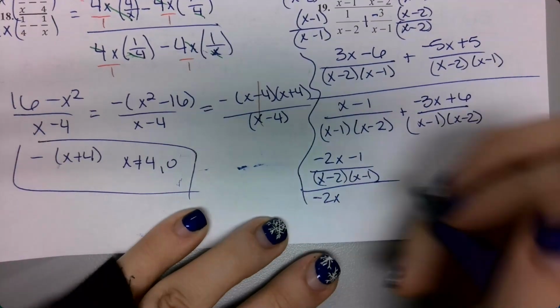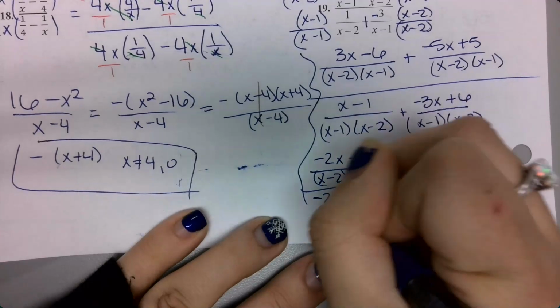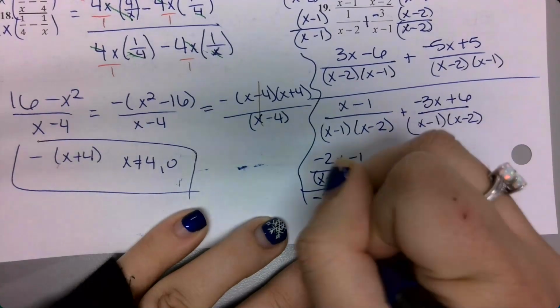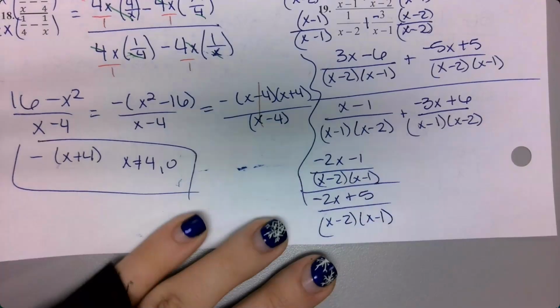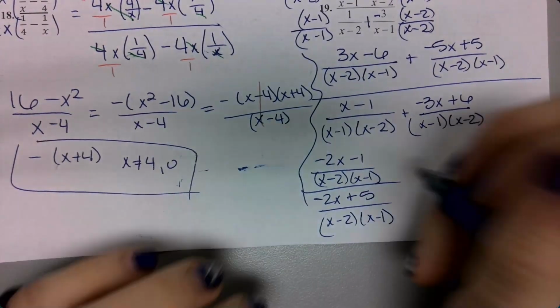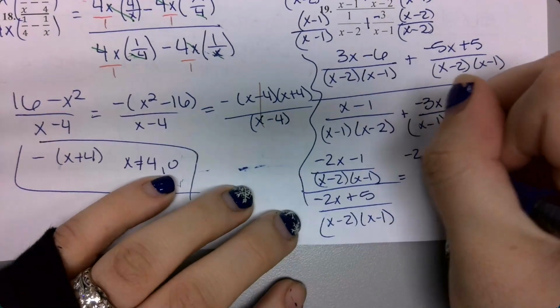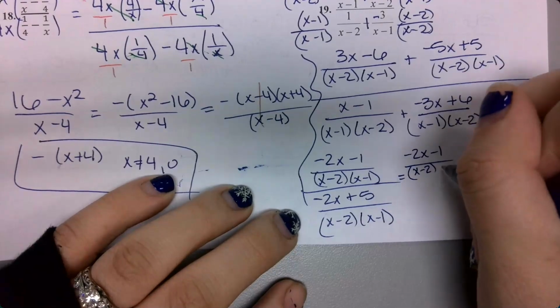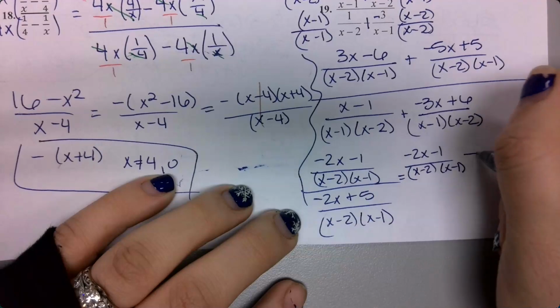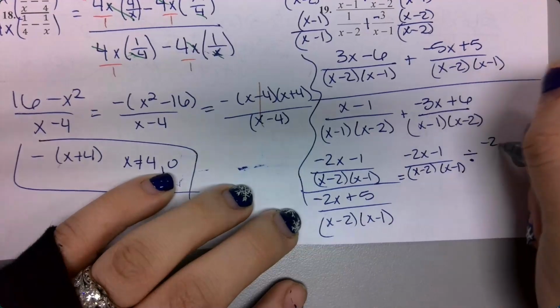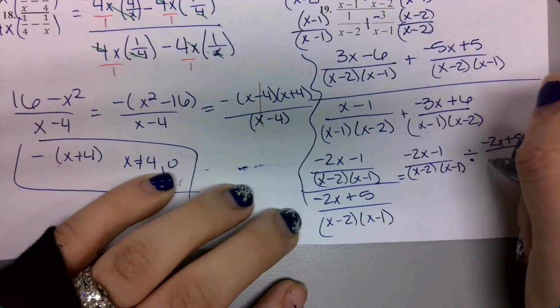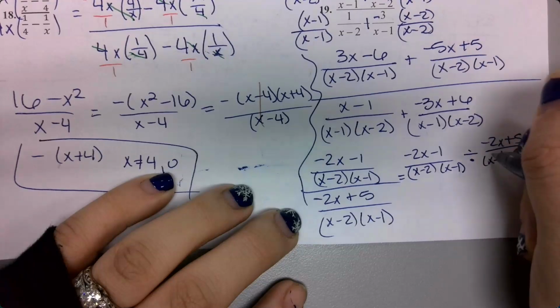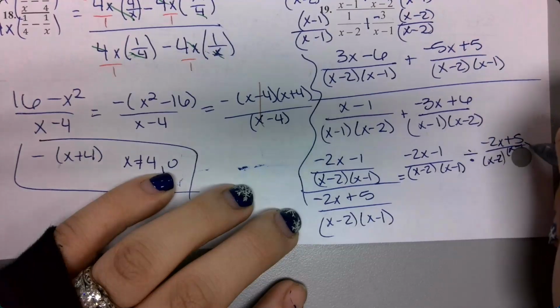Negative 1 plus 6 is 5 over x minus 2, x minus 1. I'm going to rewrite this as two fractions. So I have negative 2x minus 1 over x minus 2, x minus 1, divided by negative 2x plus 5 over x minus 2, x minus 1.